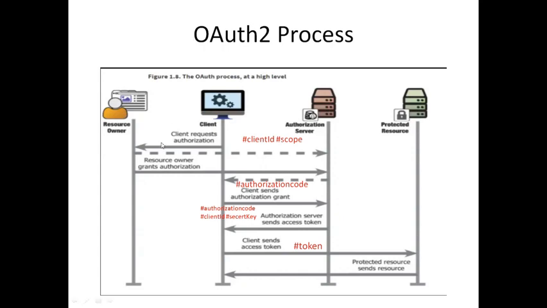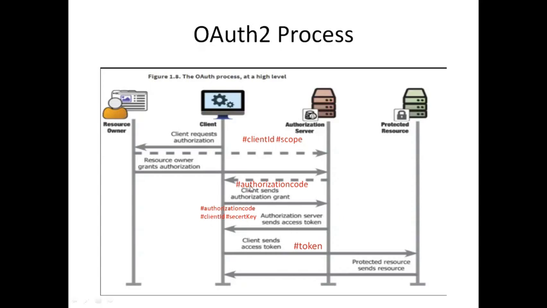Then the resource owner gives the client ID and scope to the authentication server. The authentication server gets the client ID and scope and authenticates that user. If the user is right, the client ID is correct, and the scope is correct, it gives an authentication code to the client.